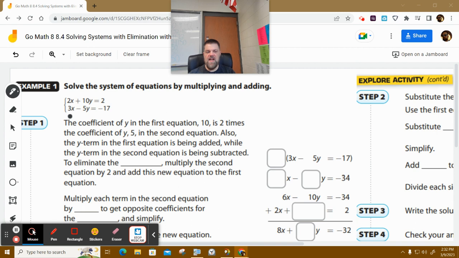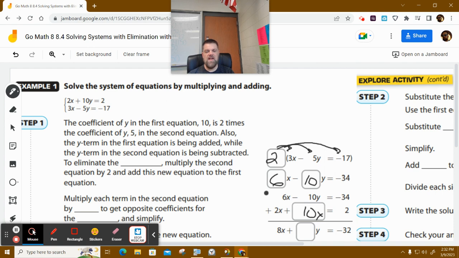Okay, so if I take this second equation and I multiply it by 2, 2 times 3x becomes 6x. 2 times negative 5y becomes negative 10y, right? And then 2 times negative 17 becomes negative 34.